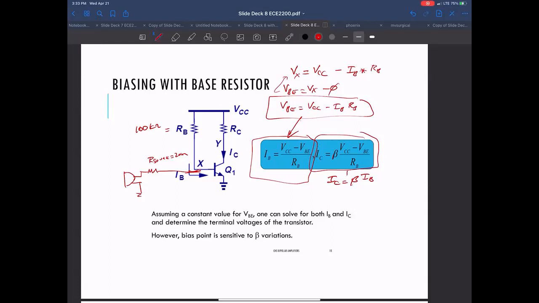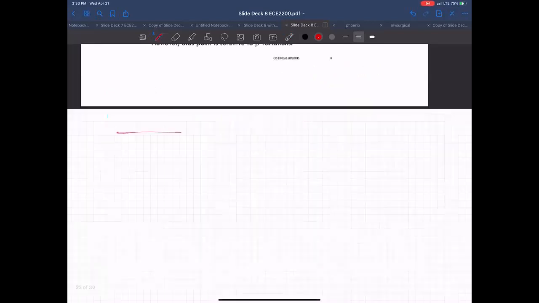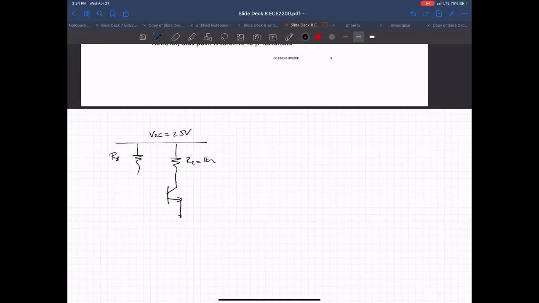Okay, so let's see what this looks like. Just do an example. Here's a typical case, the supply voltage being 2.5 volts and R sub C being 1 kilo ohm, R sub B being 100 kilo ohm.